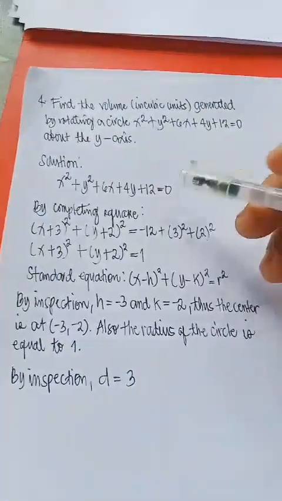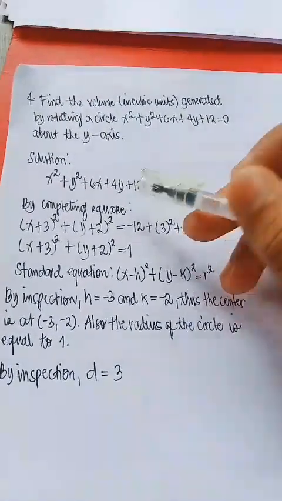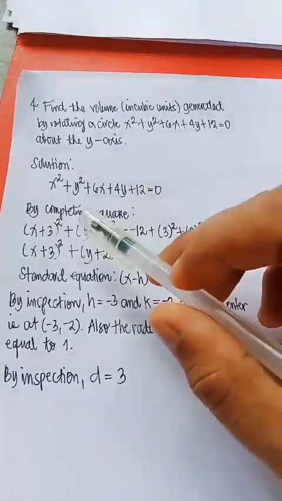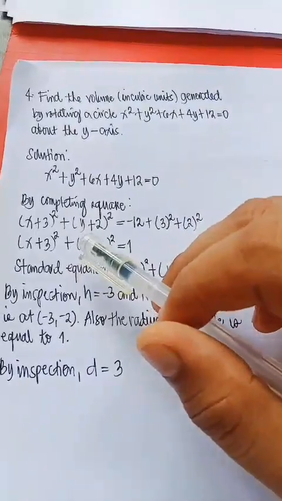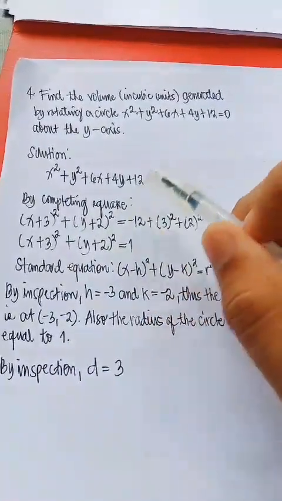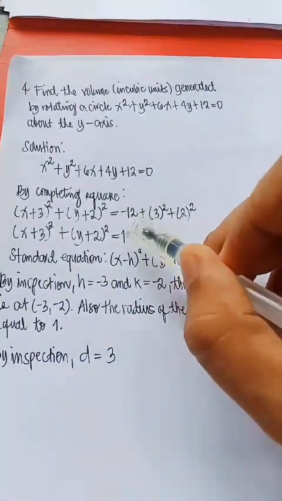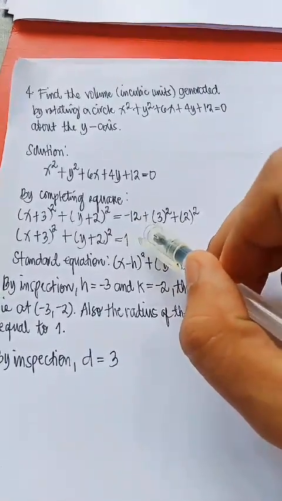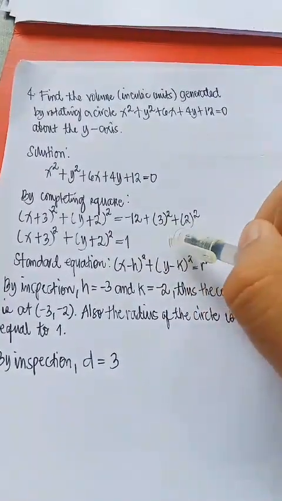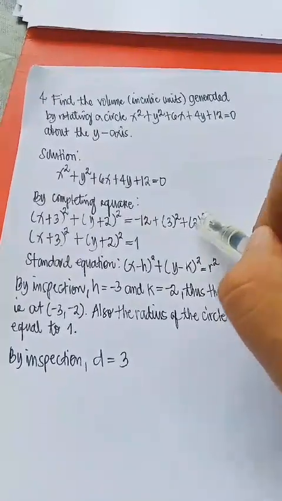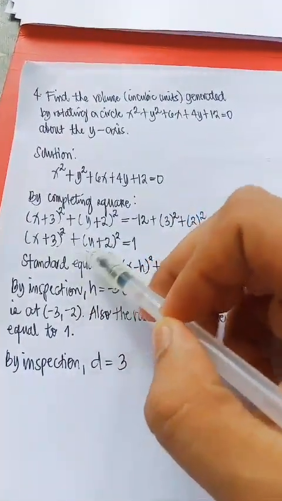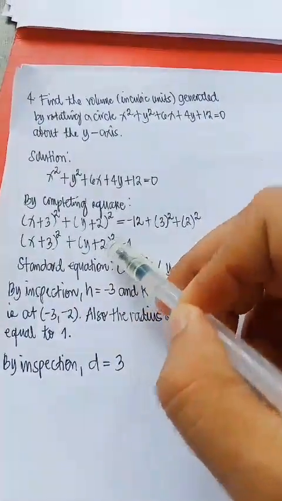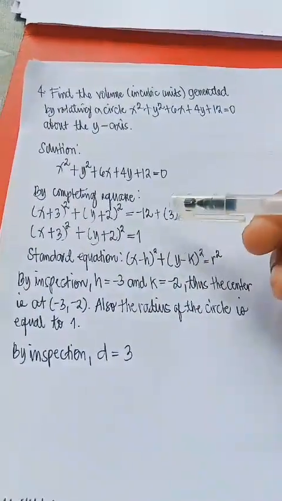Now, by completing the square, we have x plus 3 squared plus y plus 2 squared equals negative 12 plus 3 squared plus 2 squared, and x plus 3 squared plus y plus 2 squared equals 1.